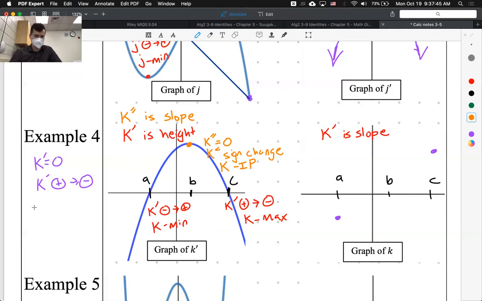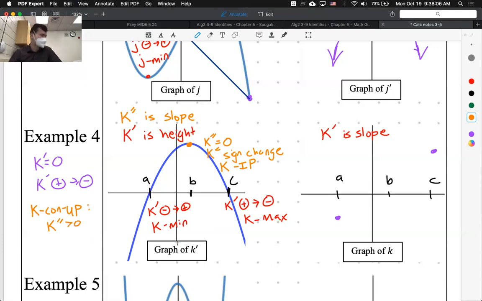What is K concave up? Flashcard definition is close. Double prime, yeah. So we'll say here is K double prime. Oops, that double prime looks weird. K double prime is greater than 0.